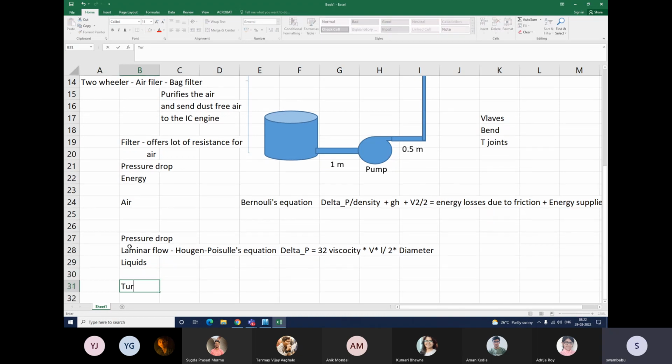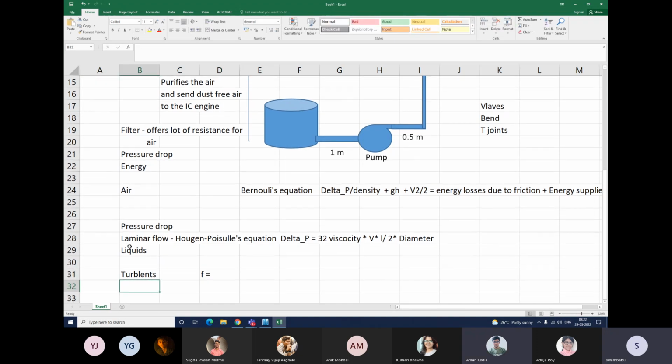For turbulent flow, we have another expression as a function of the friction factor. We have a correlation for the friction factor for turbulent flow, and delta P equals 4 times the friction factor times length times v square by 2D, that is 4FLv square by 2D.